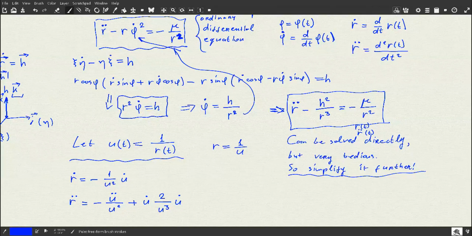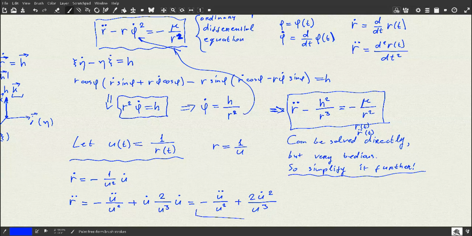Therefore, it is minus u double dot over u squared plus 2 times u dot squared over u cubed. Probably correct. Please watch.